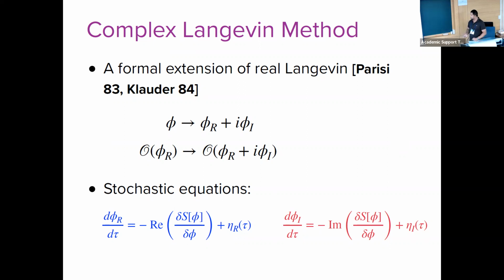Then the observable goes to this, a holomorphic extension of the observable of the original theory. Then the stochastic equations, the Langevin evolution, will have two parts. The real part of phi evolves in a certain way, and the imaginary part of phi evolves in this way. There will be two noises, eta real and eta imaginary, and there are some constraints on these etas. So it looks like a straightforward extension of the real Langevin.